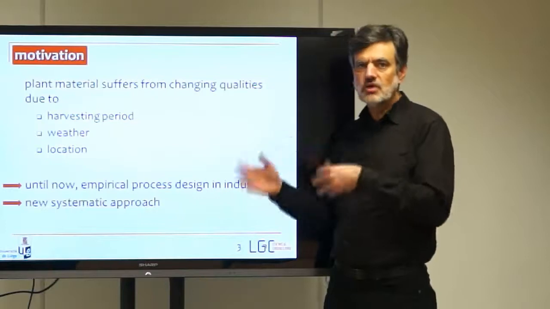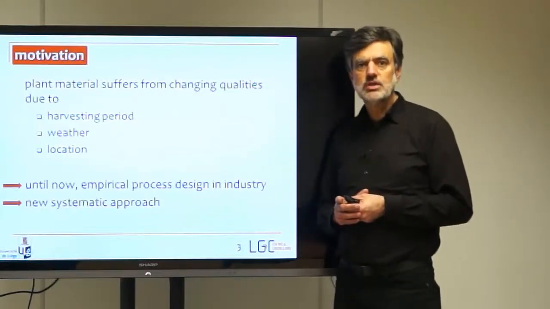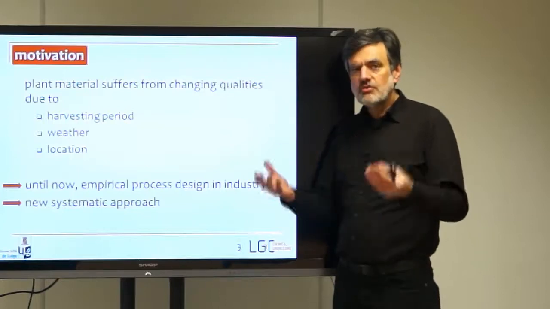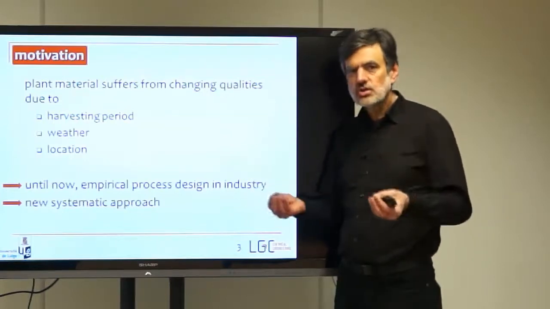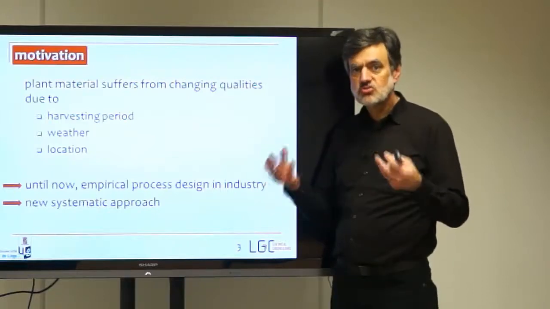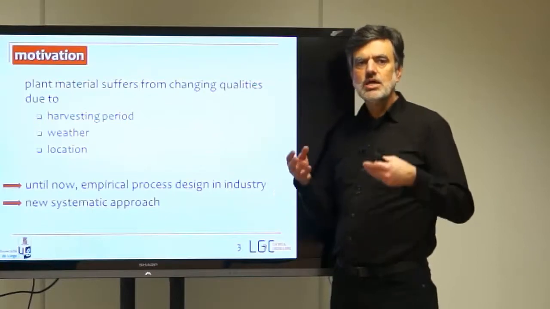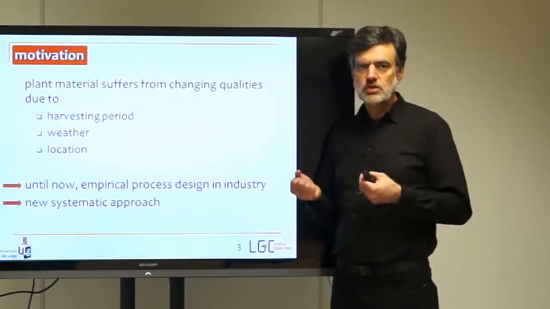If it's from Asia, from Africa, from Europe, wherever. If you have plants that grow in different locations, they will have different concentrations of your desired components as well as different plant structure. And of course the structure will then influence also the speed of the extraction, the kinetics of the extraction.